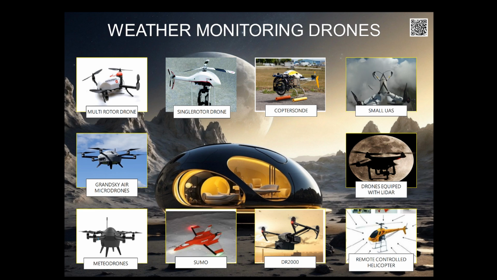If you can fix a sensor in the belly of these drones, then you can monitor any parameter, either in arid regions or in non-arid regions, because these multi-rotor drones have the capability of hovering.